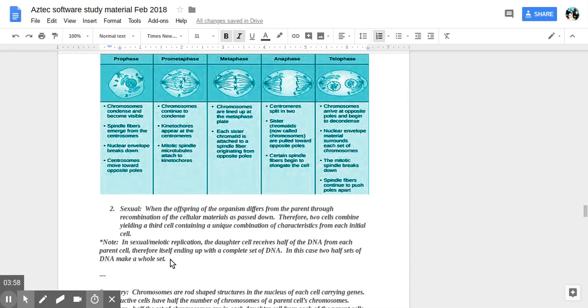In meiotic or sexual replication, the daughter cell receives half of the DNA from each parent cell. So instead of doubling it, you're halving the genetic material. Each of the two halves from the parents combines into a full set of chromosomes in the zygote. Therefore, you end up with a complete set of DNA. Two half sets lead to one full set.